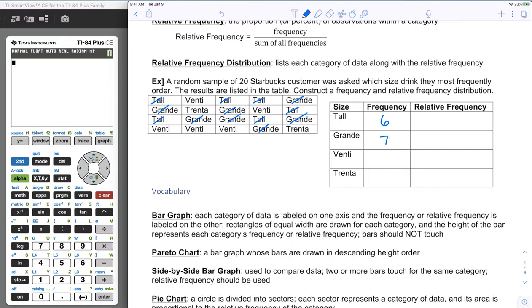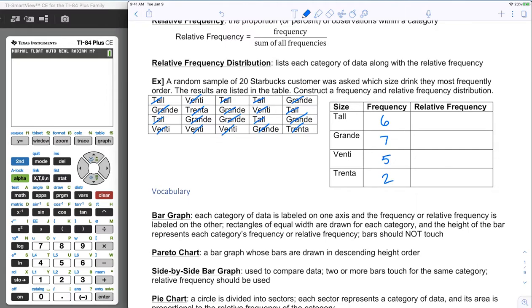So 7 of them ordered grande. For venti, there were 1, 2, 3, 4, 5 venti orders. And then for Trenta, we have 1, 2 Trenta orders. So the frequency just refers to the counts for each category.